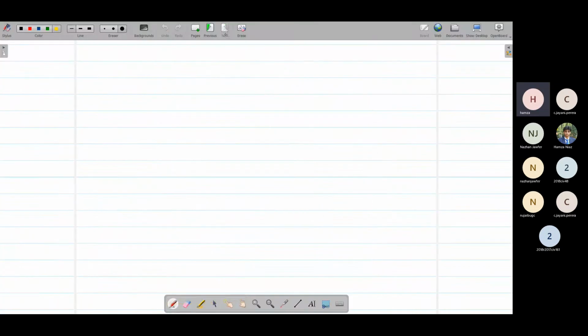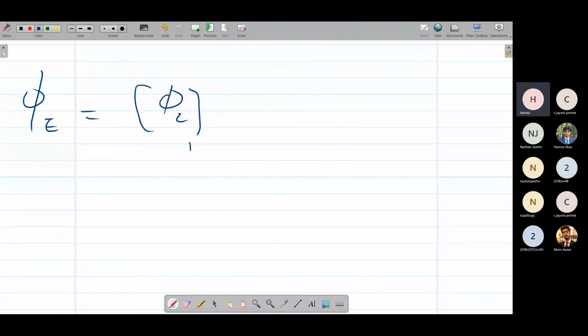So phi E is equal to 100 minus phi C, where phi C is for 1 minus B1 over B.